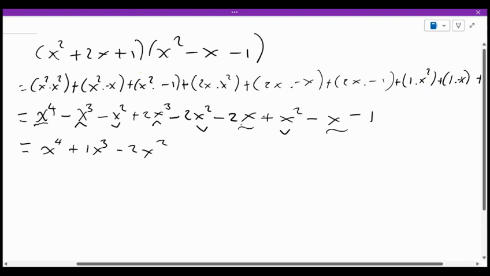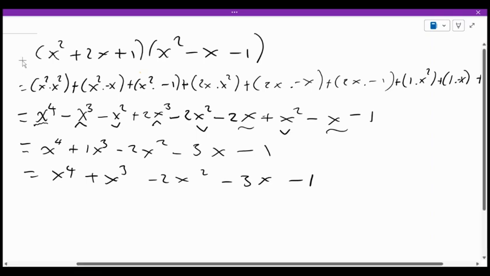Then we look at the x, minus 2x minus x, that's just negative 3x. Then minus 1, and what we have is x to the power 4 plus x cubed minus 2x squared minus 3x minus 1. And that's what's left.